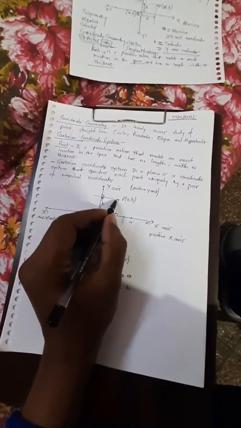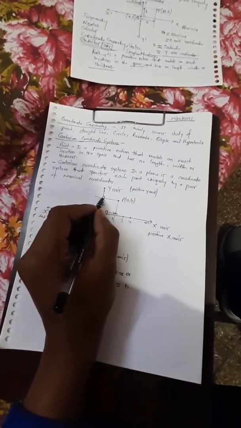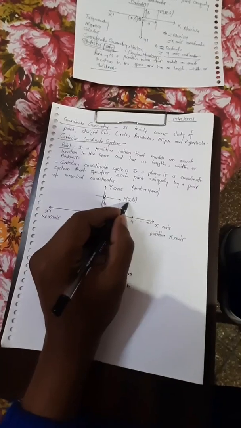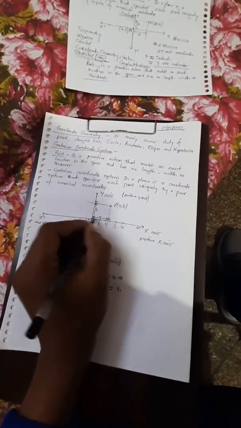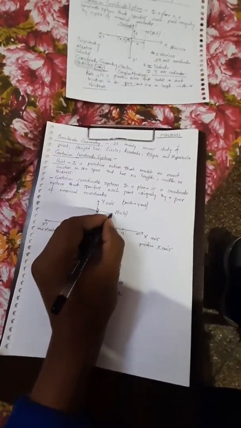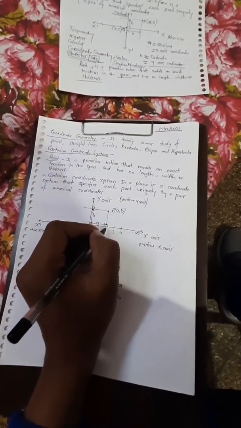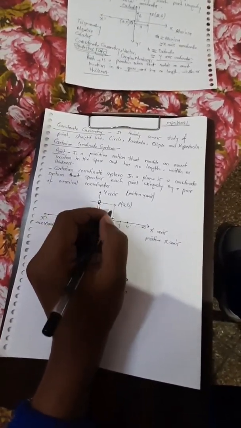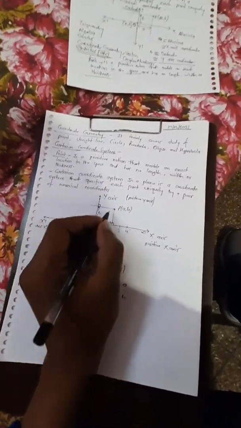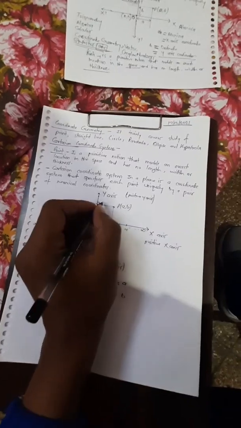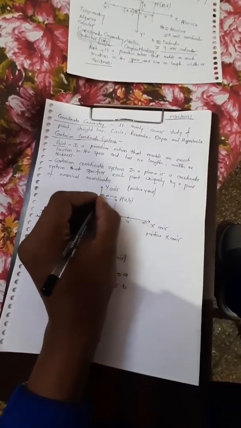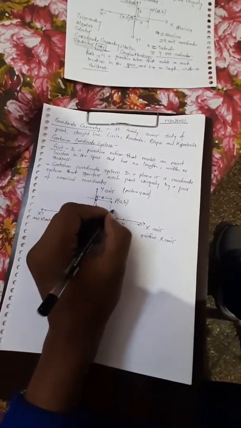The perpendicular distance of point P from the y-axis is known as the abscissa or x-axis coordinate. This will be a. Similarly, the perpendicular distance of point P from the positive x-axis is known as the ordinate or y-axis coordinate. This will be b. As you can see, if this length is a, this length will also be a, and this length will also be b.